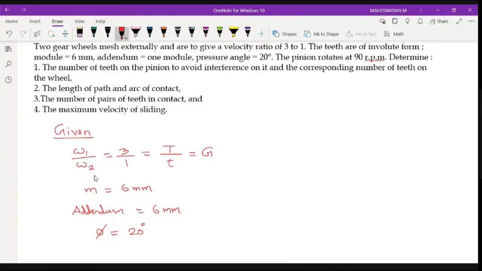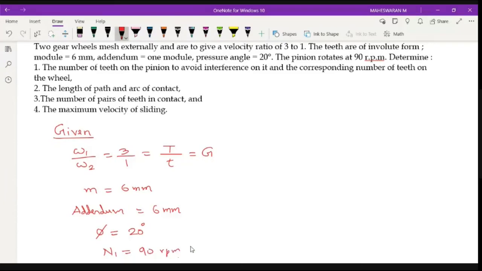So which is omega 1 here? The pinion rotates, so N1 is 90 RPM. It is not omega, it is N.